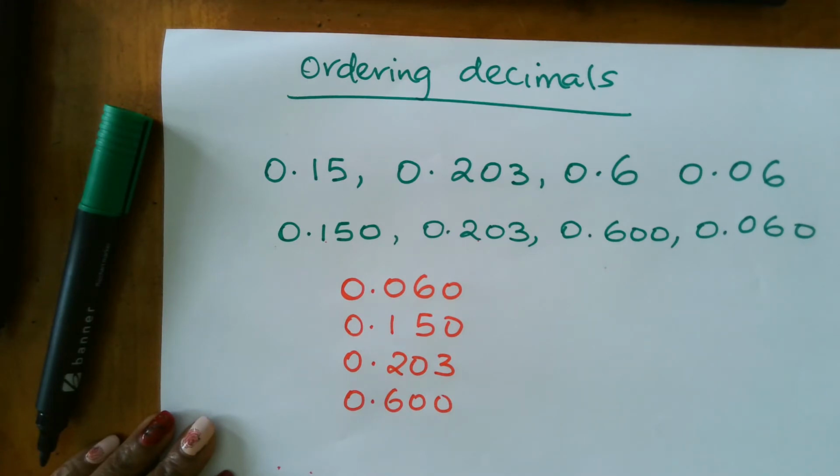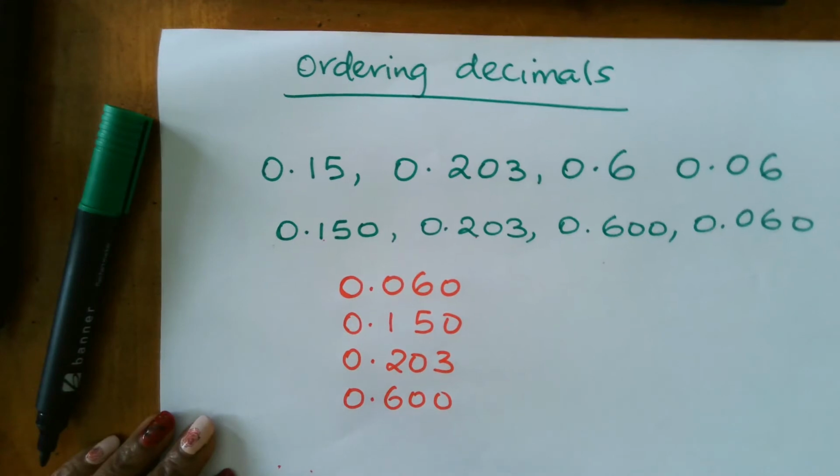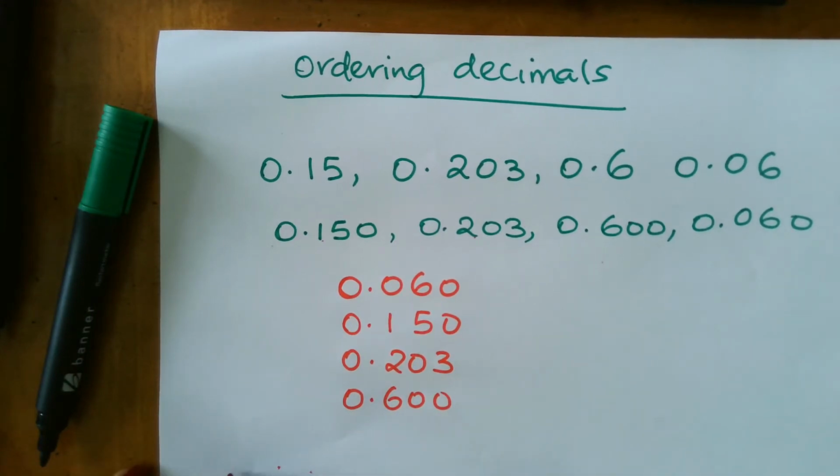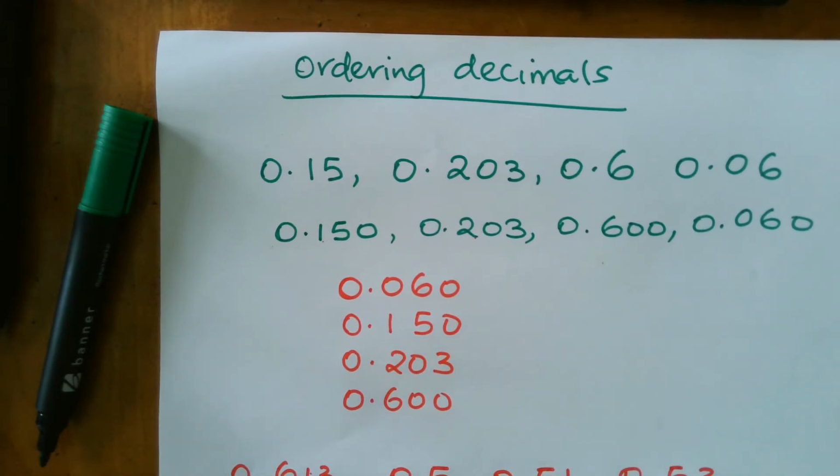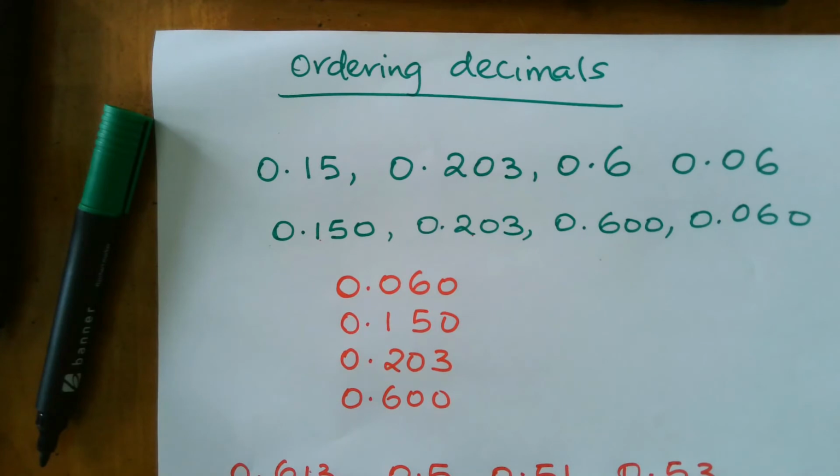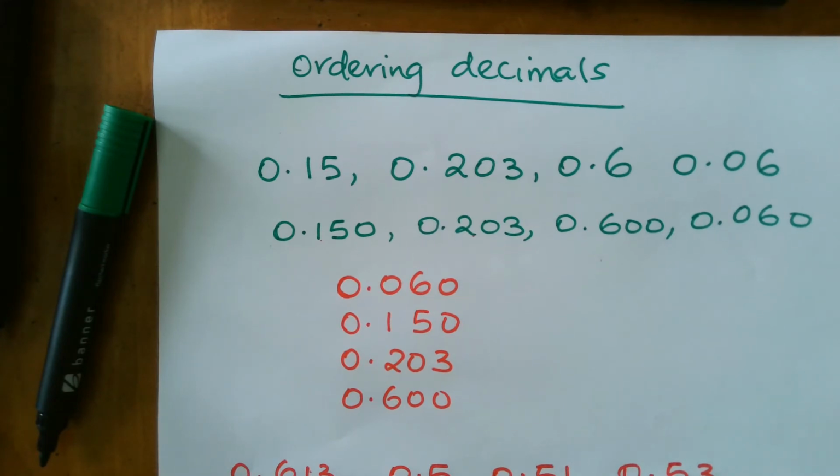Okay, let's have another example. Alright, we're going to add extra zeros to the ones that are not up to 3 digits.